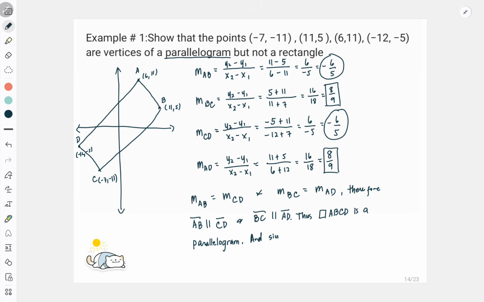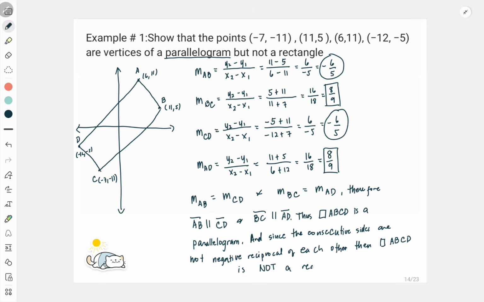And since the consecutive sides are not negative reciprocals of each other, then quadrilateral ABCD is not a rectangle.